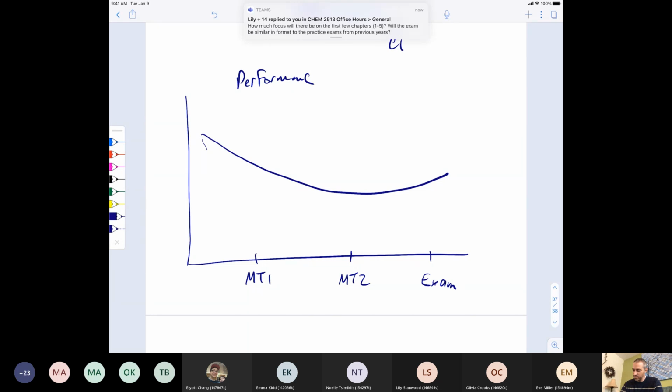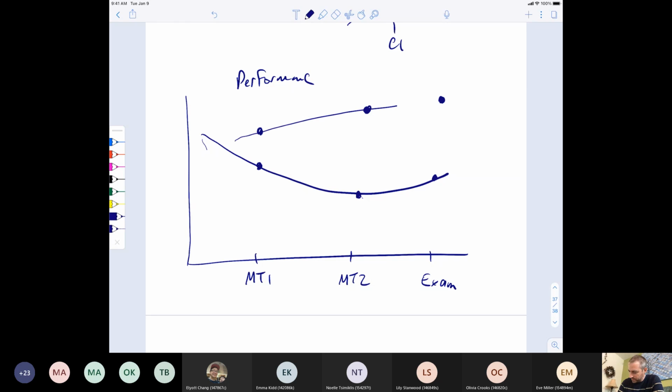Midterm 1 usually has a higher average than midterm 2, and the exam is somewhere halfway between. What I've noticed is people who are above average on midterm 1 typically do better on midterm 2 and either the same or better again on the exam. That's what I find.